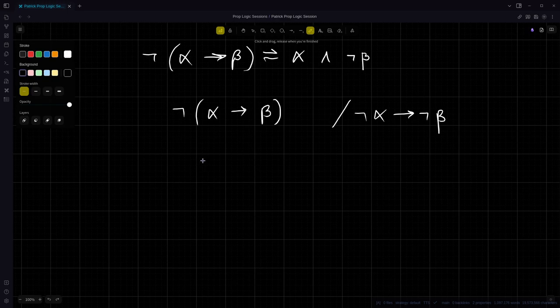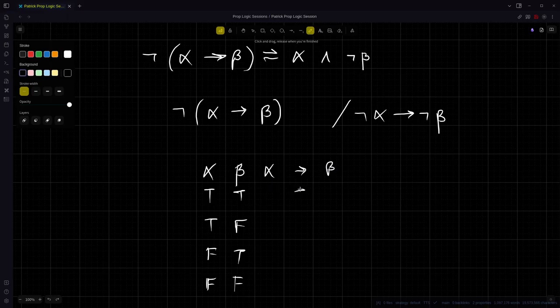So let's draw alpha, and beta: true, true, true, false, false, true, false, false. Then you have alpha implies beta, so that's true, false, true, true.